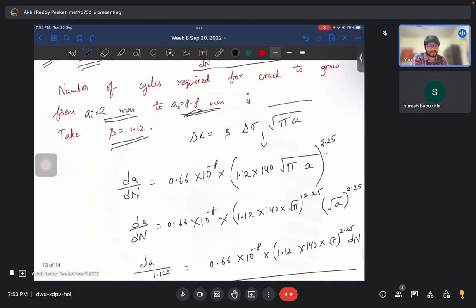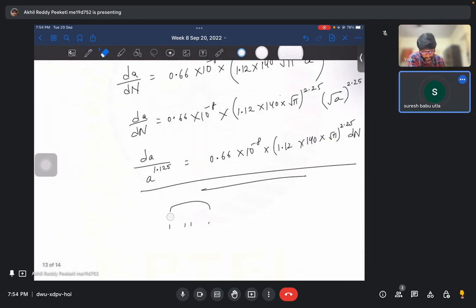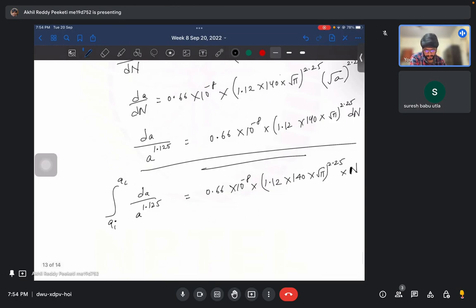So we don't need to estimate the final crack length on our own. So if you solve this integral, then you would get the number of cycles.